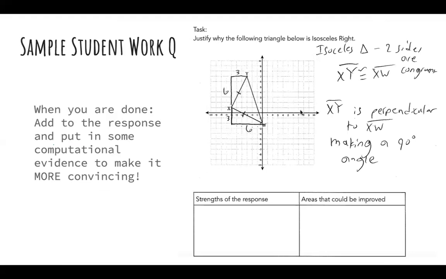So this is explaining why the triangle below is isosceles right. I want you to think about what are some things that are strong about this response that are going to lead to getting points, and what are some things that they need to look at a little bit more to get that full mark. So just think about that before you create your own.